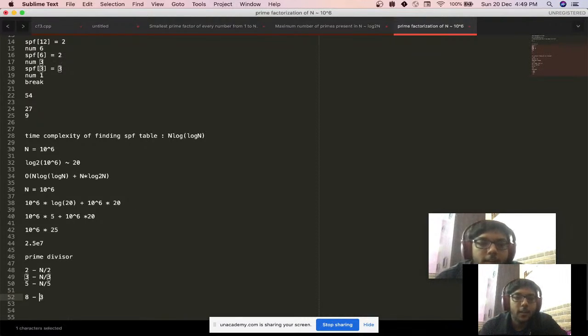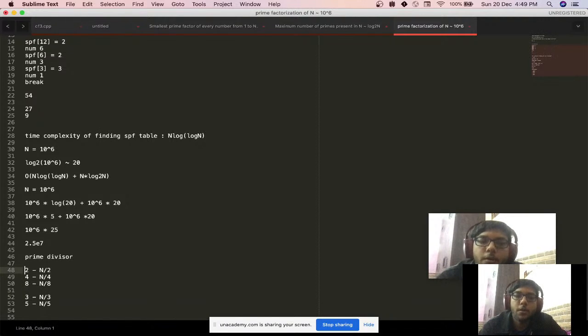So how do we correct that? How do we correctly analyze it? 2 is pushed n by 2 times. 4 is pushed n by 4 times. 8 is pushed n by 8 times. So not just checking primes, we have to add for powers of primes also.